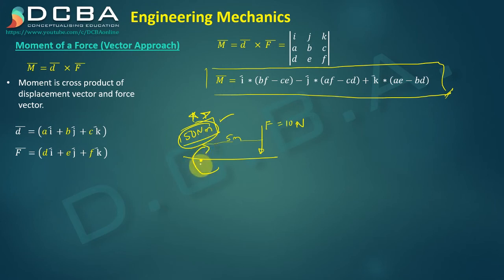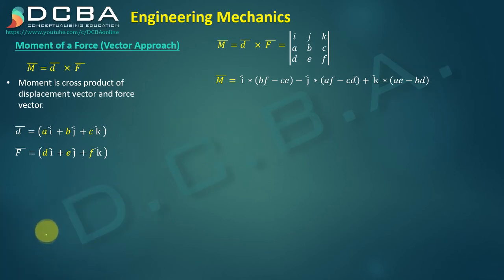The axis of the rotation here is this axis, about which we are getting 50 newton meters. So two important things: first, which axis, and second, how much is the moment about that axis. These are the two important things I need when I am finding a moment.